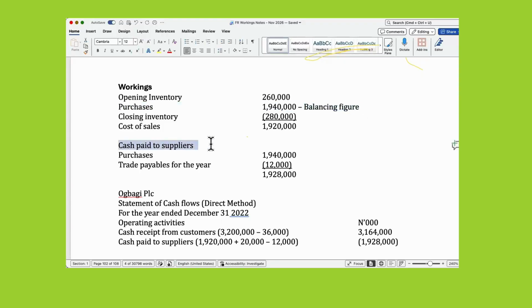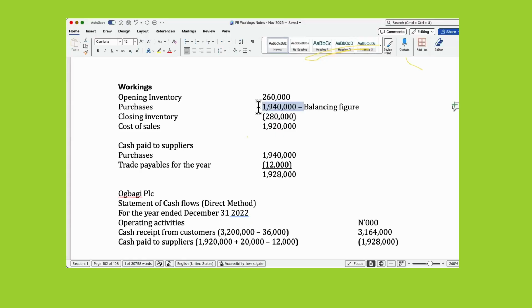which is my cash paid to suppliers, and which is my purchases minus trade payables for the year. Just like I explained for sales, these purchases include the cash purchases and credit purchases. What I need is the cash purchases, which is the cash paid to suppliers.